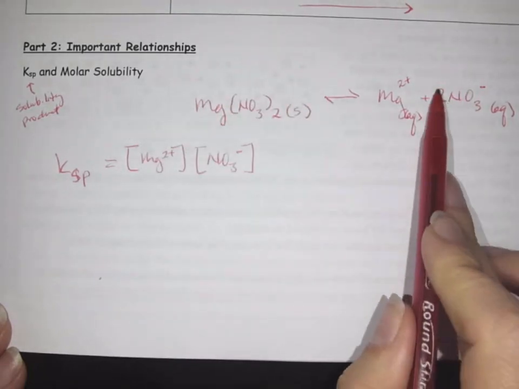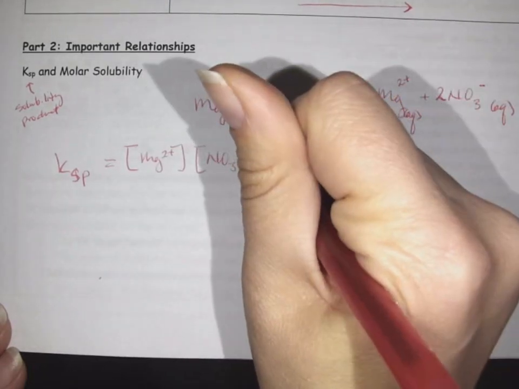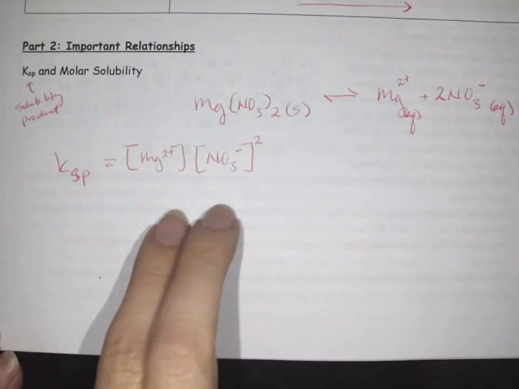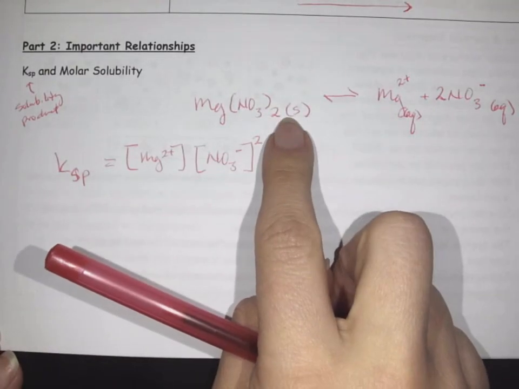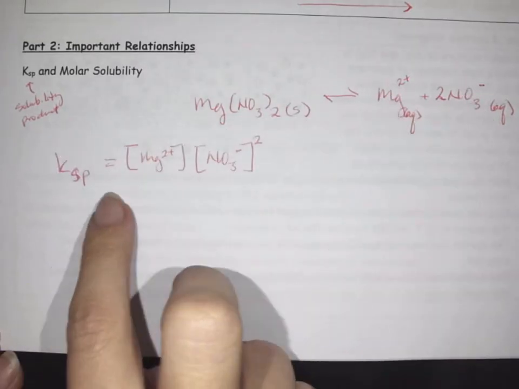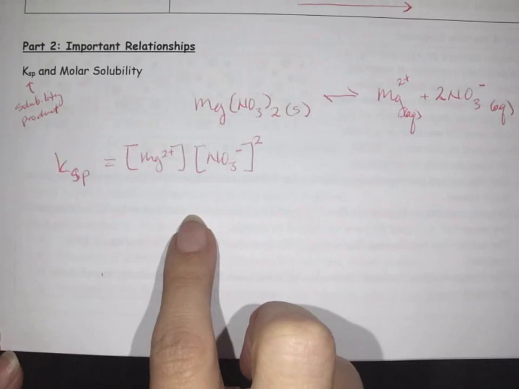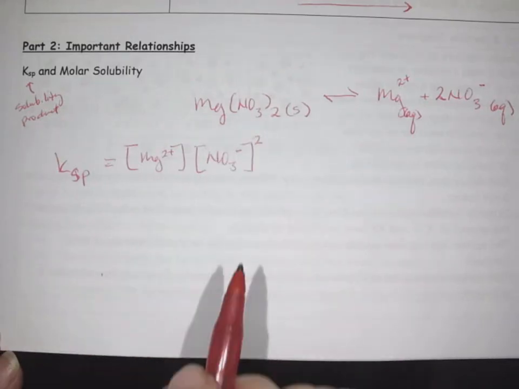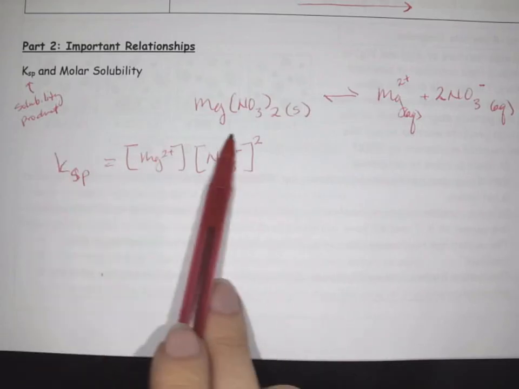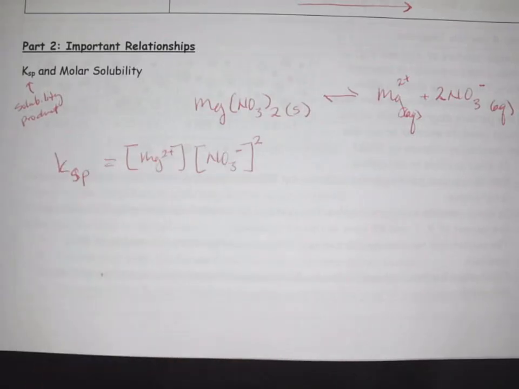But because this is a coefficient of 2, we raise that guy to the second. So here's my products. I divide, and I would put it over my reactants, but my reactant is a solid, and we don't include solids or liquids. So there's my K expression for this.